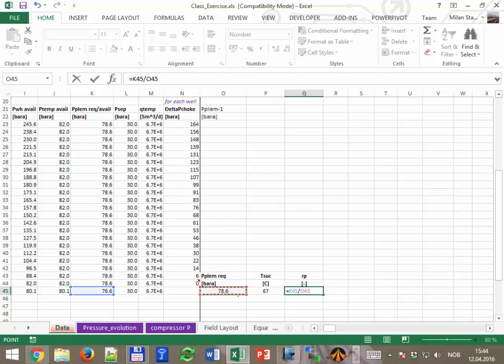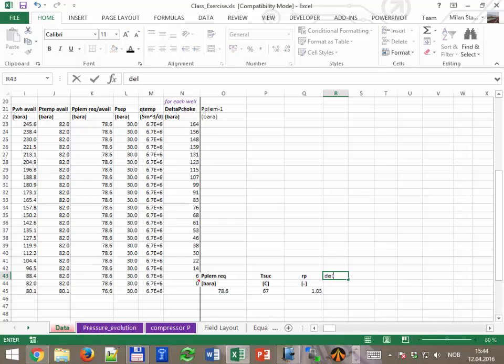It should actually be the opposite: P2 divided by P1. That gives 1.03, so I don't have to do too much boosting there.